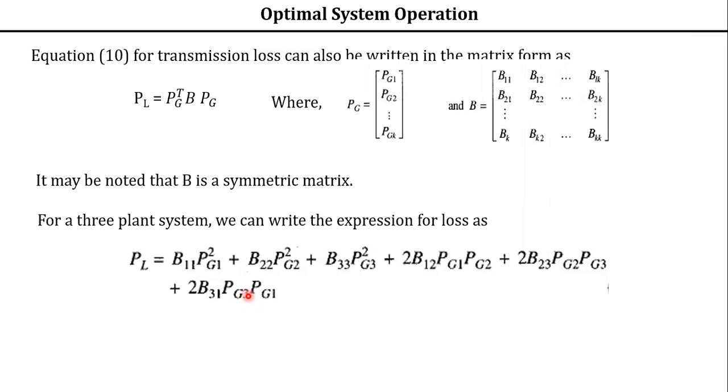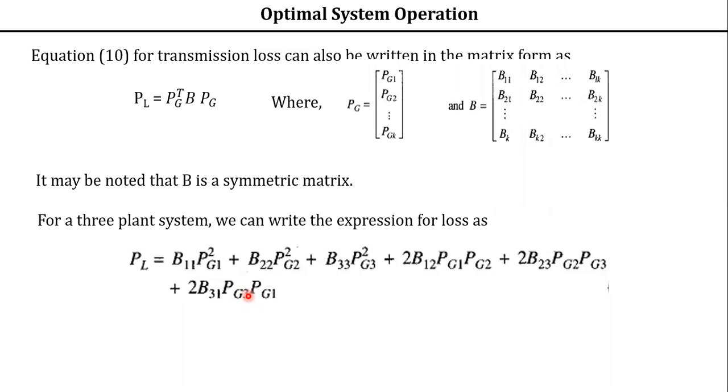So in today's class, we have derived the equation for active power generation considering the transmission losses. Understood. These transmission losses are represented as B coefficients, and they can be represented in different forms. One is index form, and when it is represented in index form, we got the P_GI final equation.